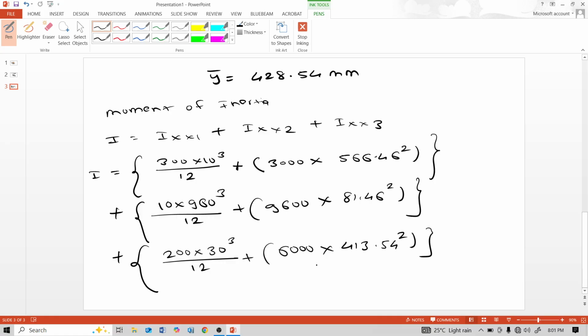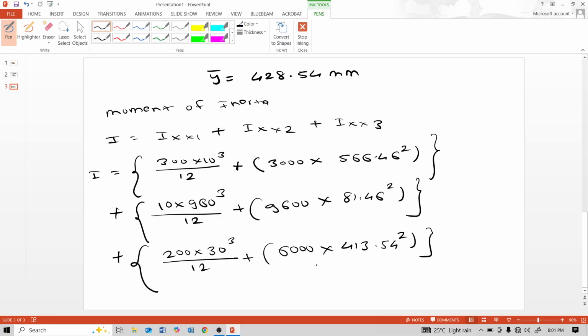Therefore, this I is 200 into 30 cube divided by 12 plus 6000 into 413.54 square plus 10 into 960 cube divided by 12 plus 9600 into 81.46 square plus 300 into 10 cube divided by 12 plus 3000 into 566.46 square.